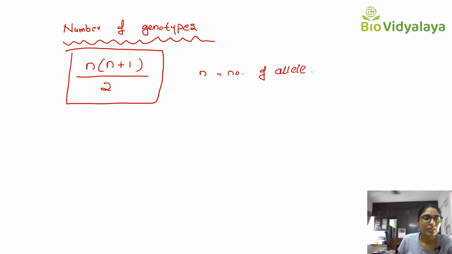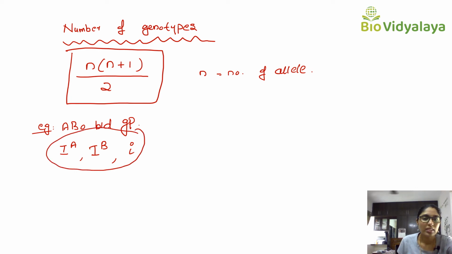Okay. For example, ABO blood group. Here in ABO blood group, how many alleles are there? Yes, IA, IB, and i. These are the alleles of the ABO blood group. So total 3. Okay.